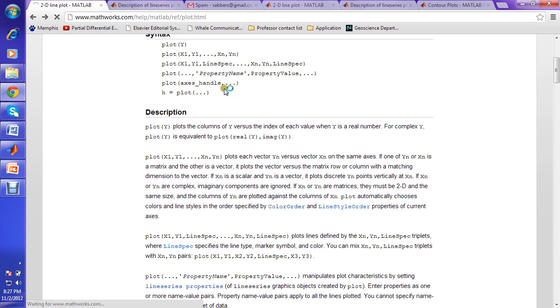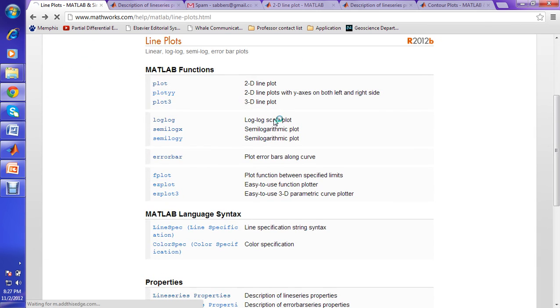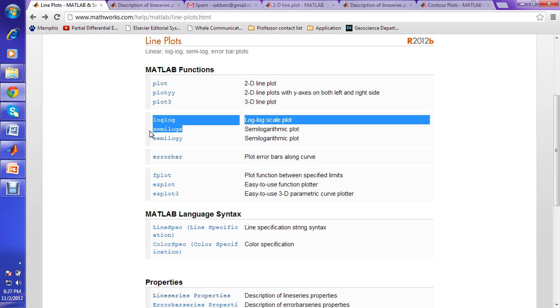Okay, we also have log scale plots. In log-log, the x-axis is log and the y-axis is log. In semi-log x, that means the x-axis is a logarithmic scale.